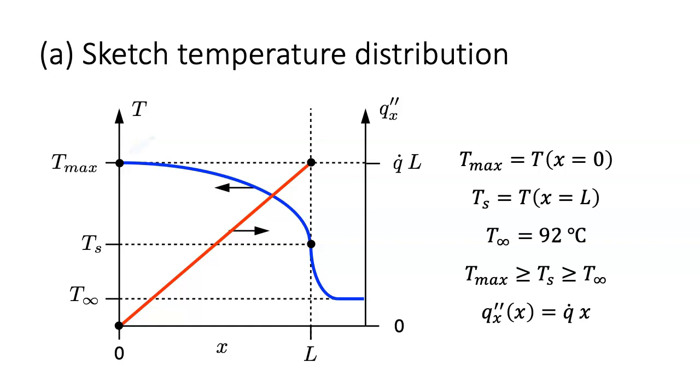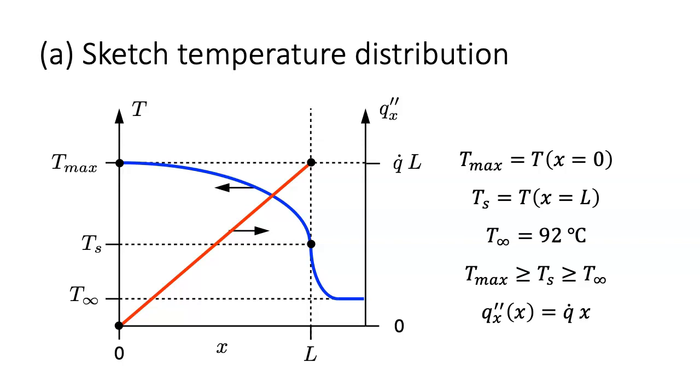We also know that for uniform internal heat generation in a plane wall, the temperature distribution is parabolic. Finally, we know that the temperatures in the wall must be higher than that of the surrounding fluid.